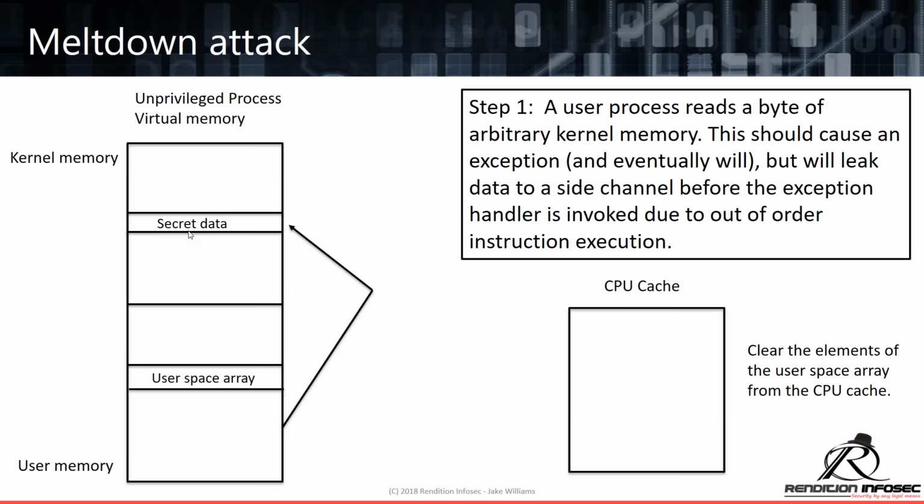So what we're going to do there is we've got a user space array that's mapped here. We make sure that this is an array of 256 4K elements. This piece is important because 4K is conveniently the size of a memory page in Windows.